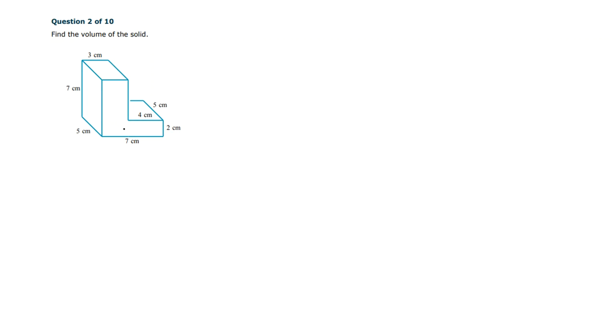So let's go ahead and just divide this up into 2 rectangles. This time let's find the bigger one first. Okay, so the volume of the yellow one. To find the volume of the yellow one, we're going to need to find the area of this rectangle and then multiply it by the length that it's extended.